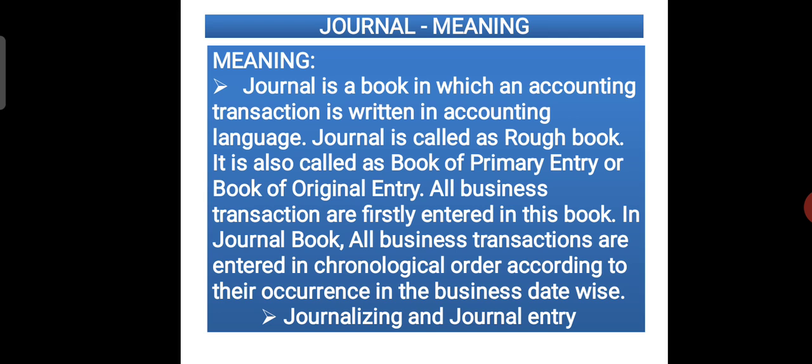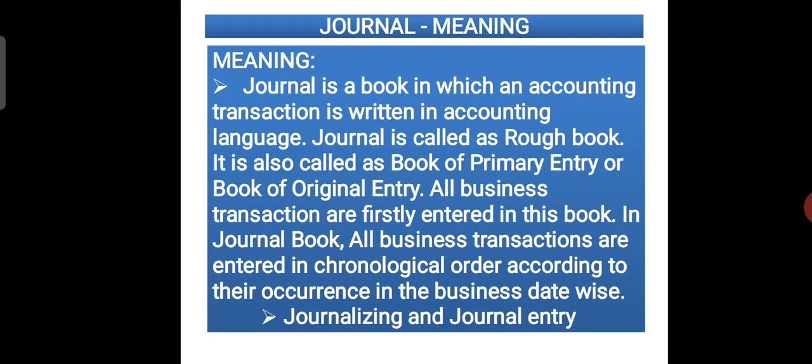So the real information, the fact which tells about the business transaction, we record in the journal. For that, this book is also called book of original entry.